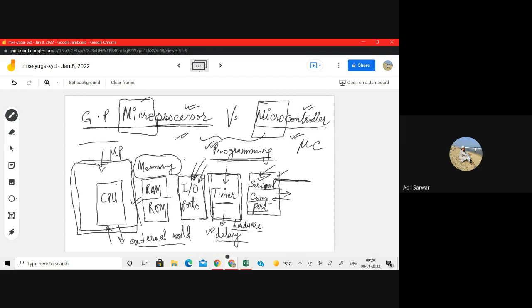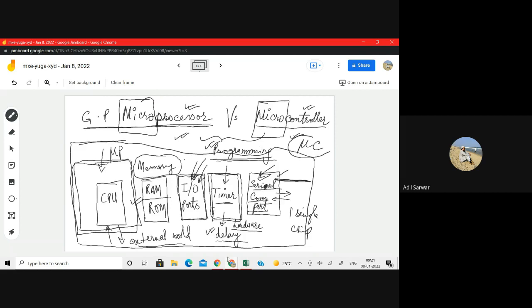But it makes the entire system very bulky. So what we do is try to put all these things into a single chip, and that we call a microcontroller.